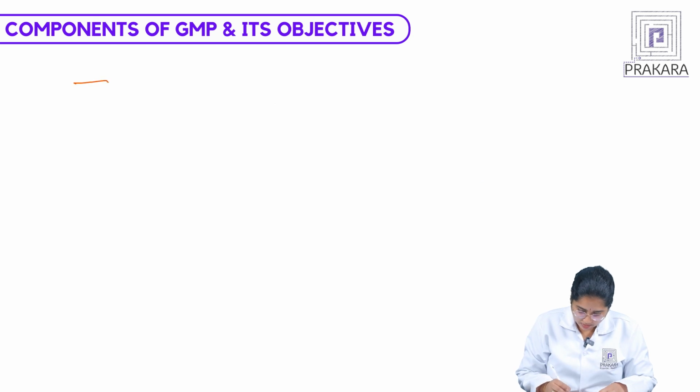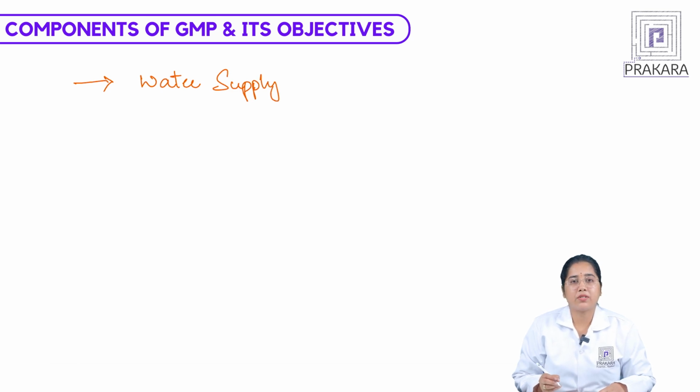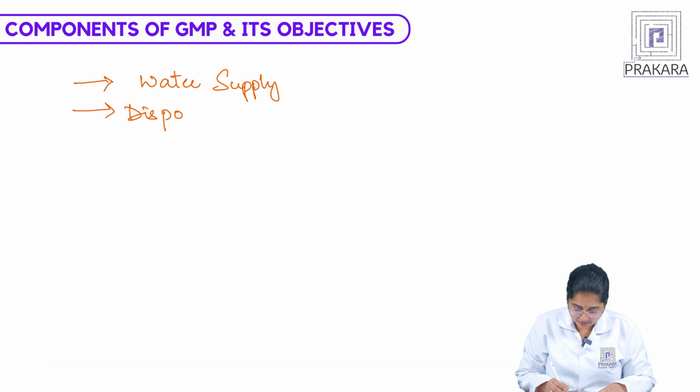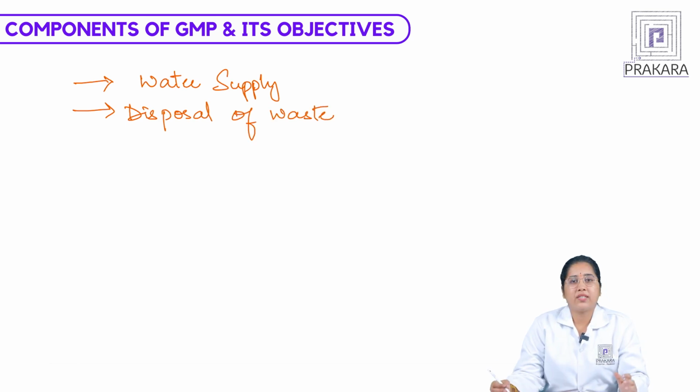The next one is the water supply. Water supplied to the building or factory layout is a must to perform the operations. The next is disposal of waste. For example, during our synthesis process there might be a generation of waste. Where should we dump that? The dumping place also we have to choose.